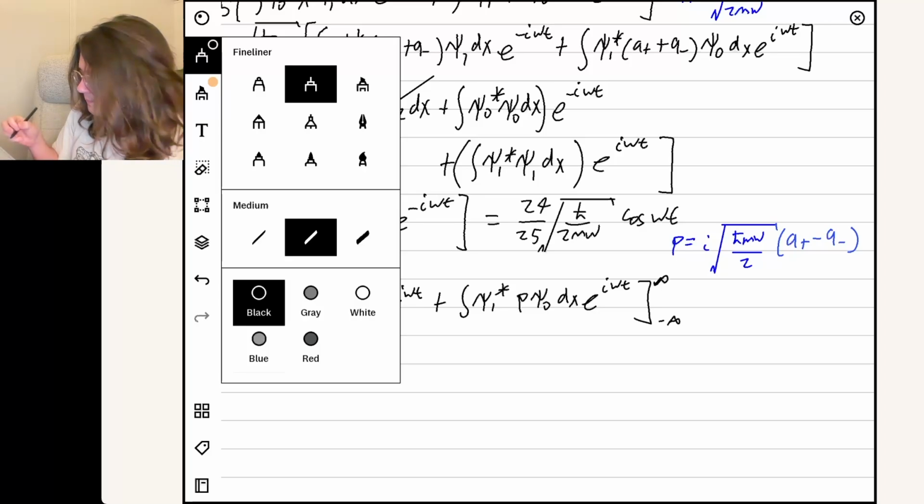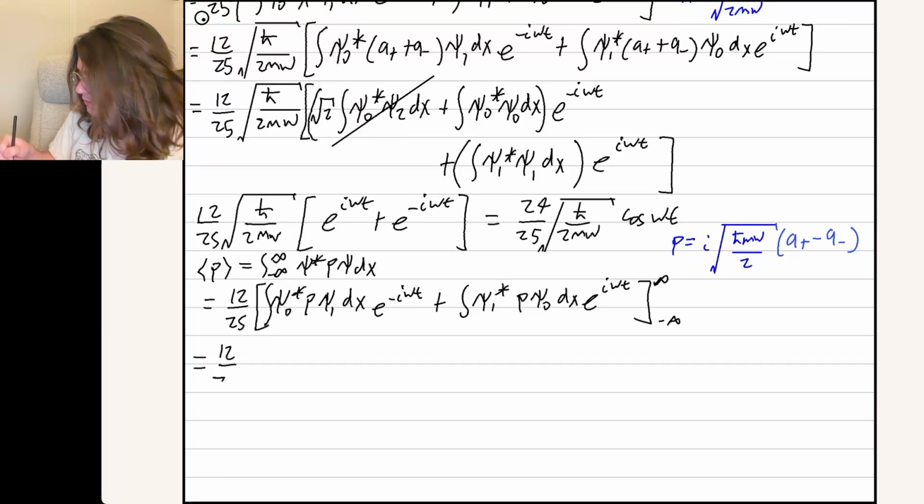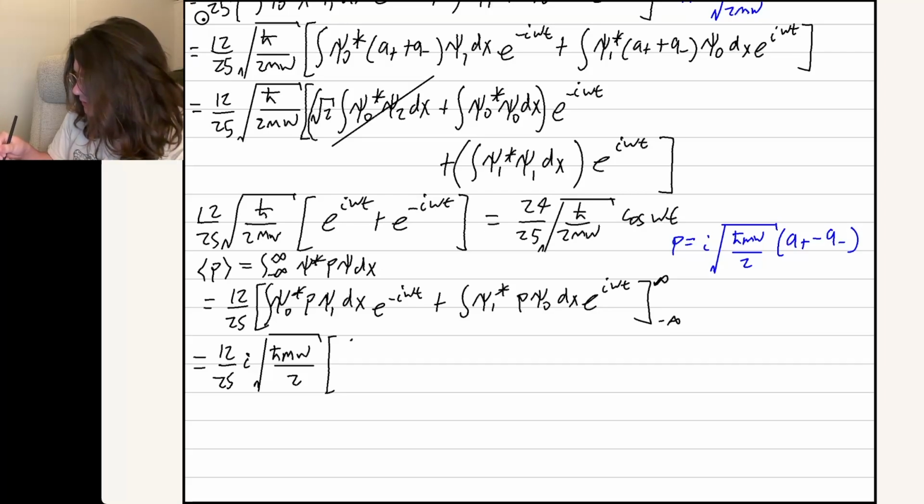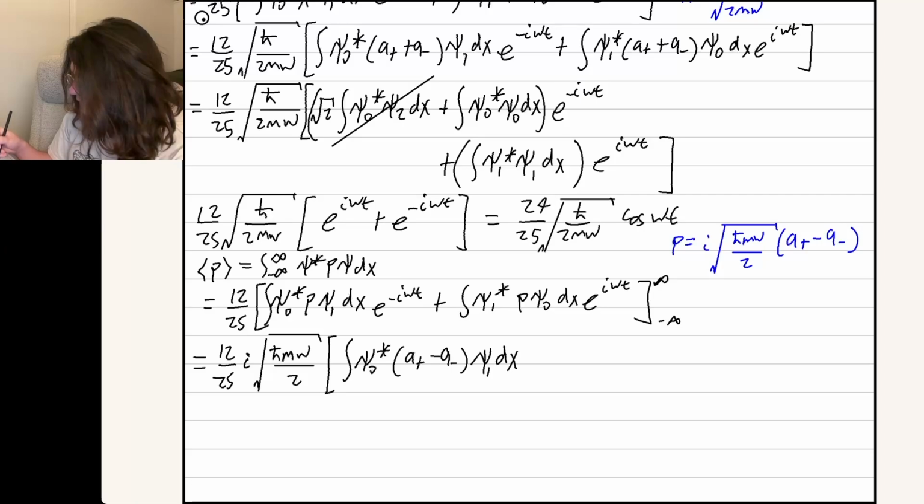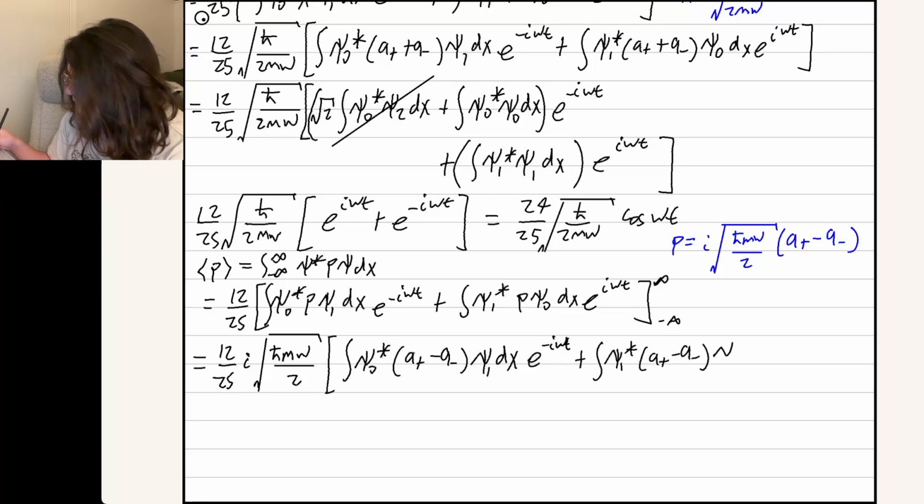So with that in mind, we'll have 12 over 25 times i root h bar m omega over 2, and then expanding the operators in here, we'll have a plus minus a minus psi 1 dx e to the minus i omega t plus the integral of psi 1 star a plus minus a minus psi 0 dx e to the i omega t, from minus infinity to infinity.